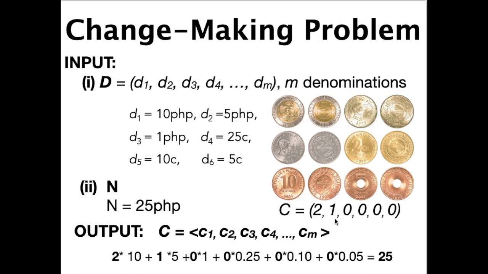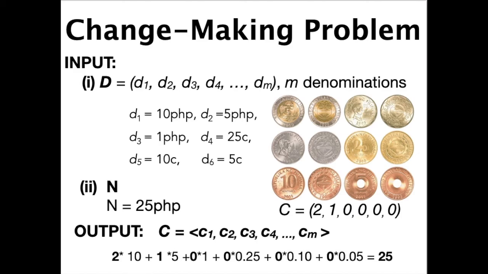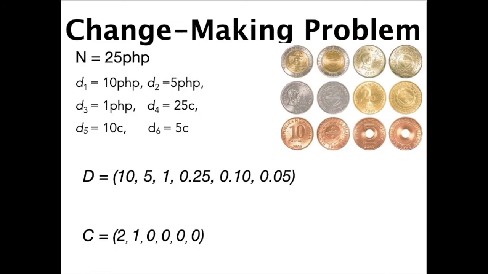By using this greedy algorithm or greedy technique for this problem, we obtained the least possible coins that is feasible. So we only used 3 coins instead of, let's say, 500 doon sa worst case scenario natin kanina. So that is an example of a greedy technique for the change-making problem.